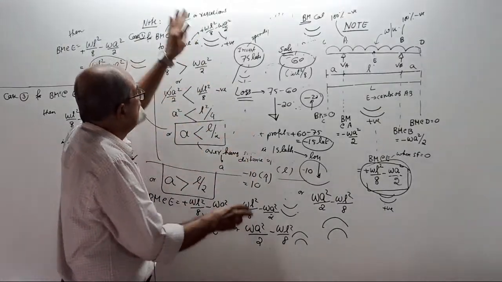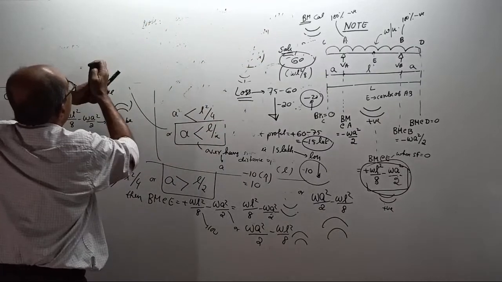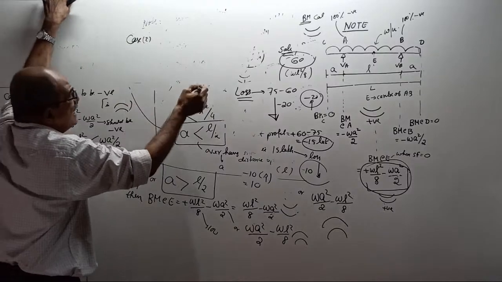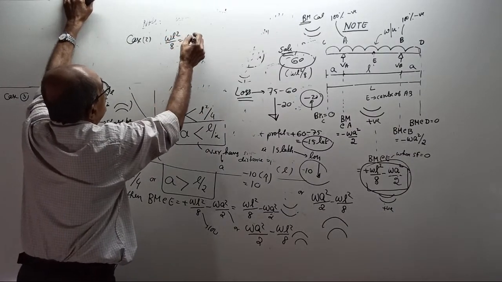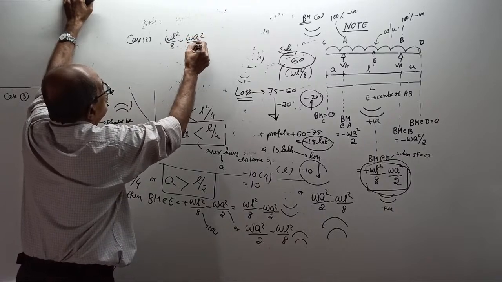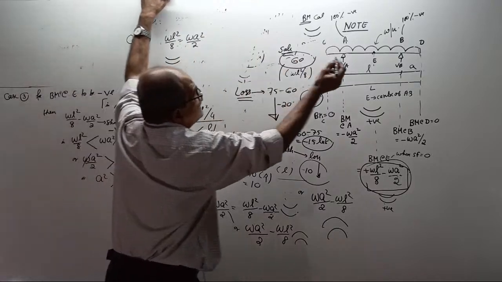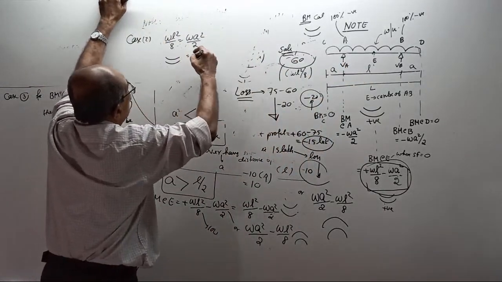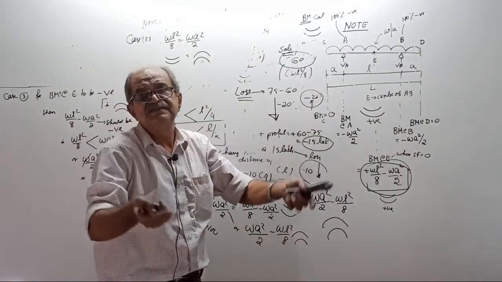Okay. Now, correctly come to middle case. Case 2. Case 2 is a special case when WL square by 8 is equal to WA square by 2. Means the sagging BM at center for span bending is exactly equal to the hogging BM due to overhangs.